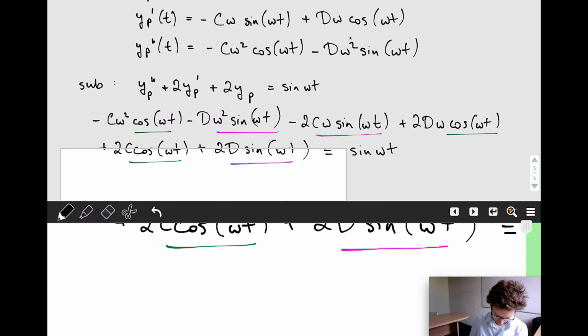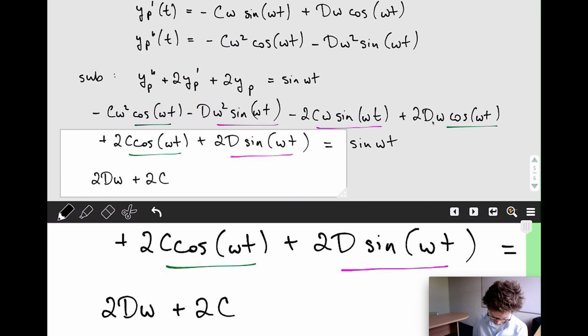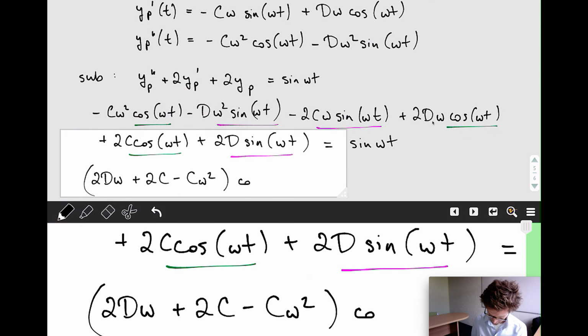So I'm going to get, let's see, I've got a 2c minus c omega squared plus 2d omega, all times cosine.